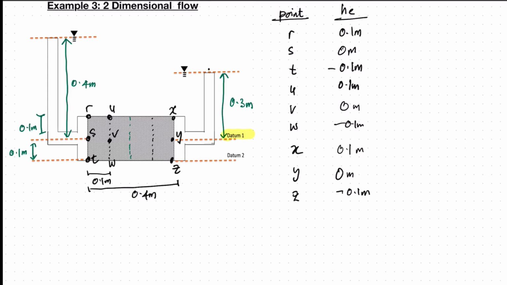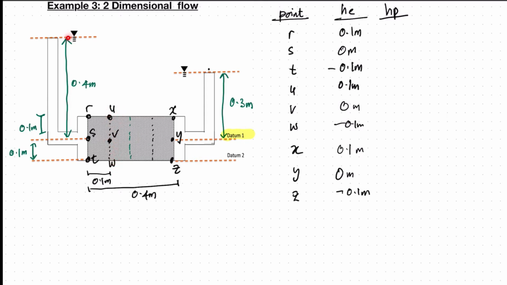Next step is to find the pressure head for each of these points. You do the same thing as the previous example. For the points on this side, R, S, T, and then U, V, W, remember earlier you do exactly how you found D. It's just that now D was halfway through the media, but now it's a quarter of the way through into the media, so you do it accordingly.